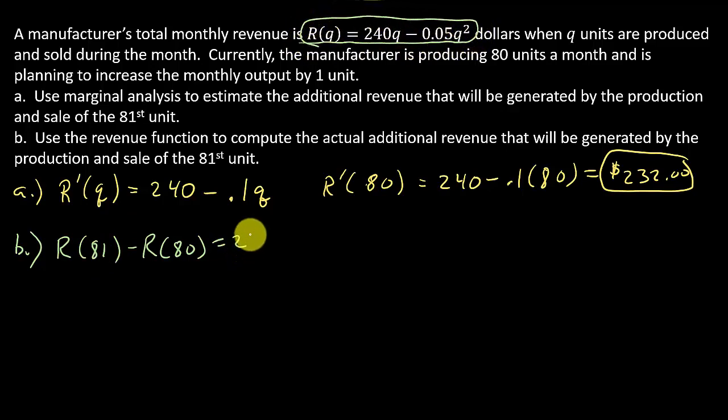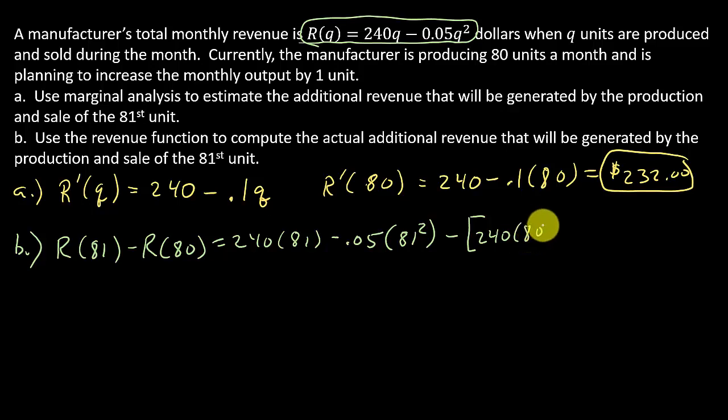So that's going to be 240 times 81 minus 0.05 times 81 squared minus, and then don't forget, put this second part in parentheses, 240 times 80 minus 0.05 times 80 squared.